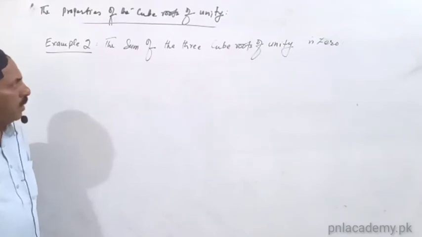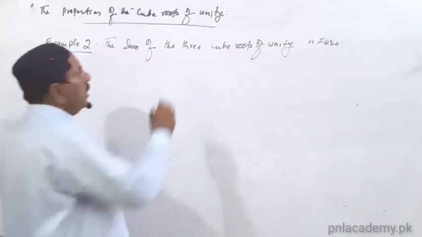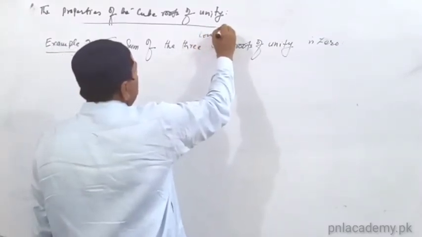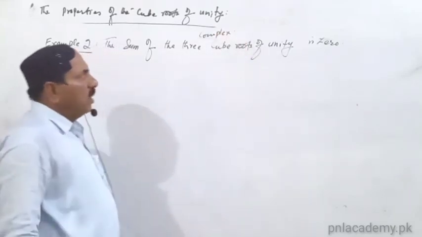Sum of three cube roots of unity. Also we can say that the sum of complex cube roots of unity is 0.